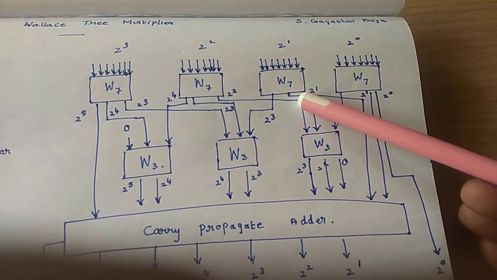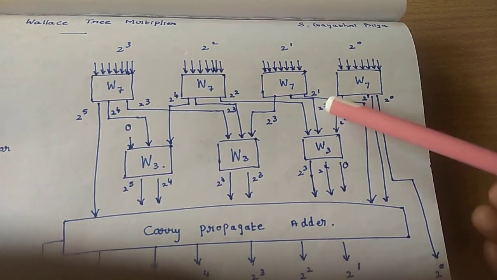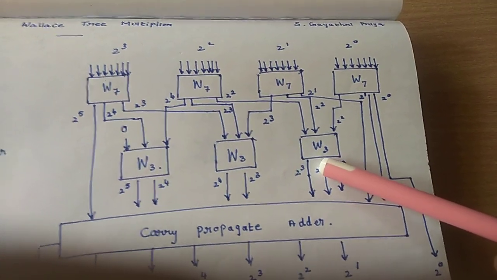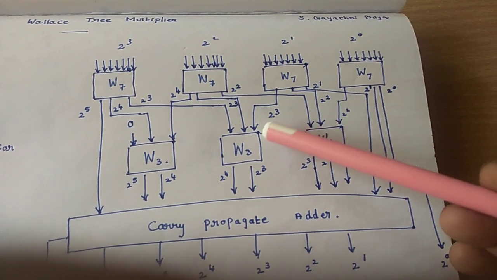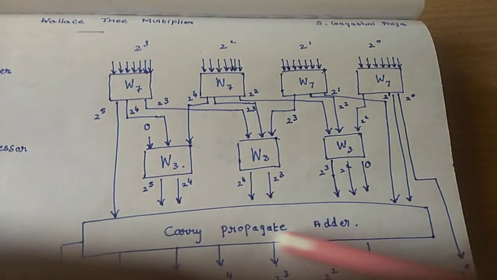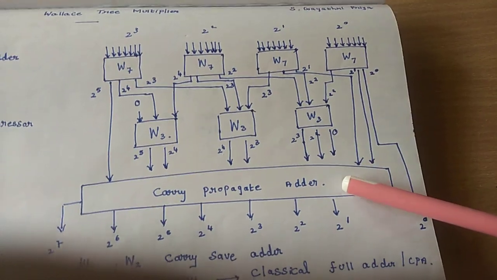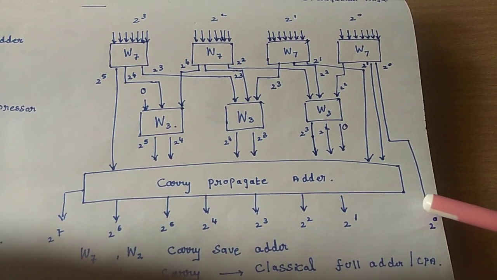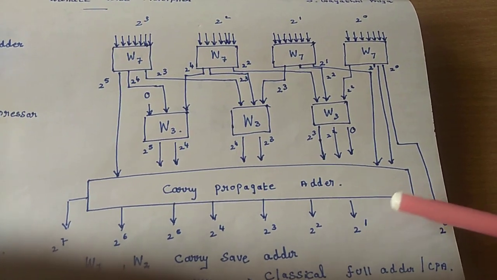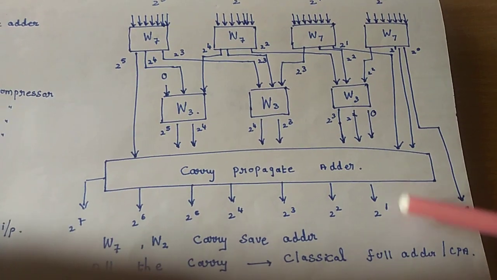Similarly, from this W7 you get 3 different outputs: 2 power 1, 2 power 2 and 2 power 3. 2 power 1 is given to the previous stage, 2 power 2 is given to the next 3:2 compressor, and 2 power 3 is given to the next stage of 3:2 compressor. Likewise, this process is repeated until we get the finalized output through the carry propagate adder. It is capable of adding from 2 power 0 to 2 power 7, all 8 carries, processed through the carry propagate adder.